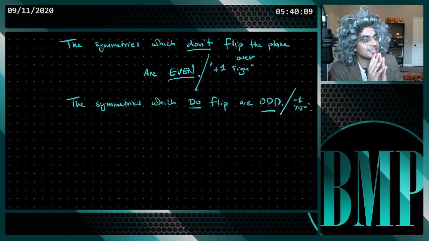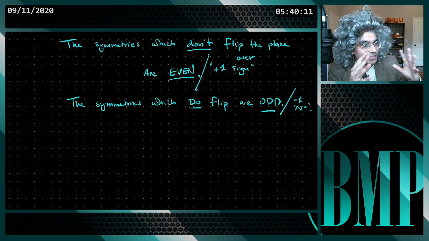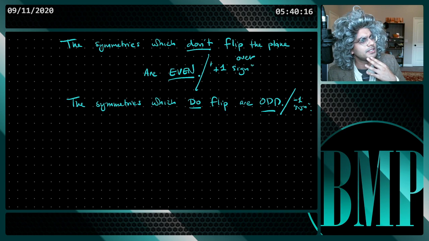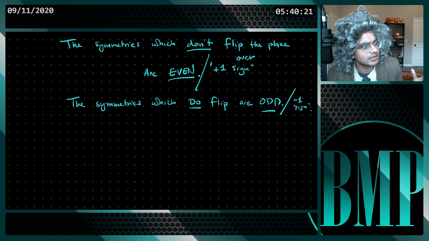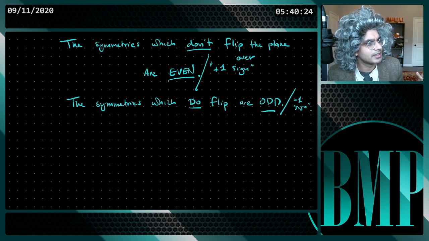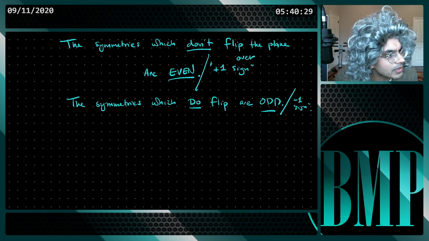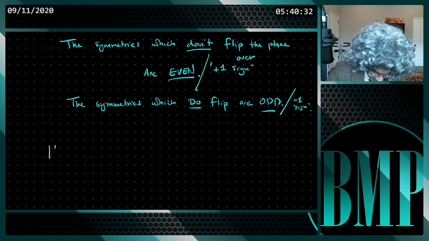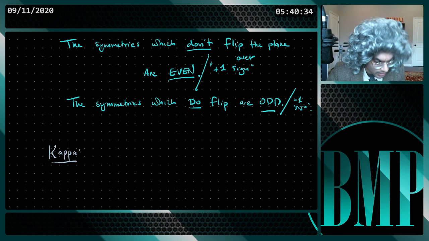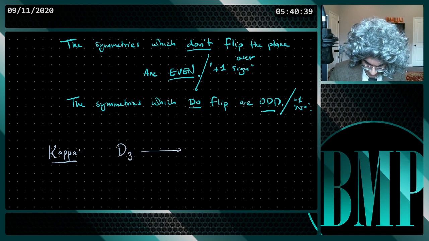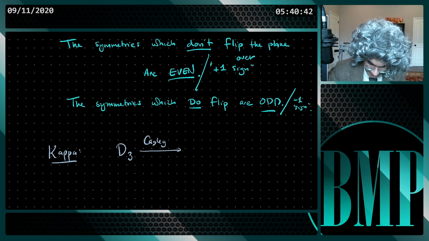Oh, Kappa has some progress. Did you do an example and did you find an odd one? Maybe D4. No, D5. No, D7. No. Okay, so Kappa is saying, look at D3 going to permutations of D3.